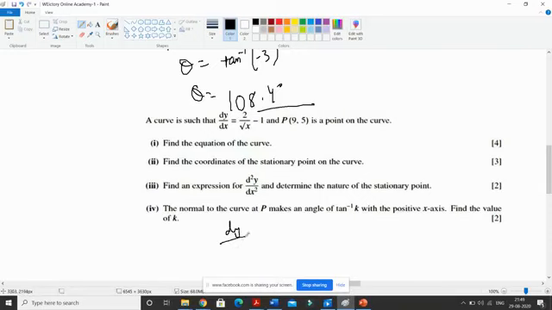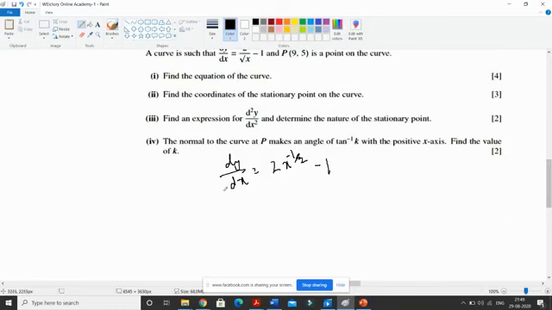So dy over dx is 2x to the power minus half, minus 1. This is dy over dx. So if you integrate, y is equal to the integral of 2x to the power minus 1 over 2, minus 1, dx.